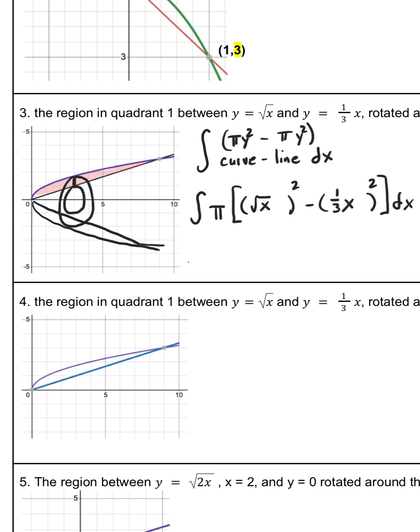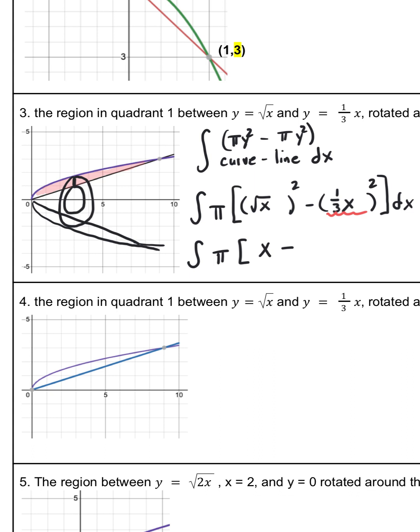All right, we are going to simplify that because we want something that's easy to punch into our calculator. When we square a square root, that drops out, so that simplifies nicely to x. And when we have an exponent outside a set of parentheses, everything in here has to get squared.